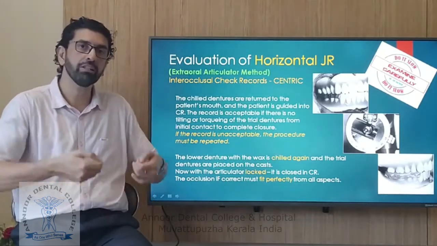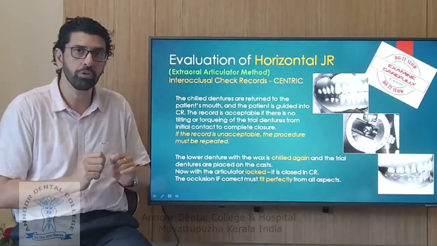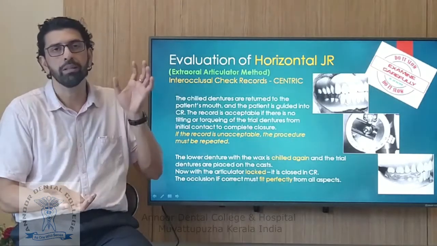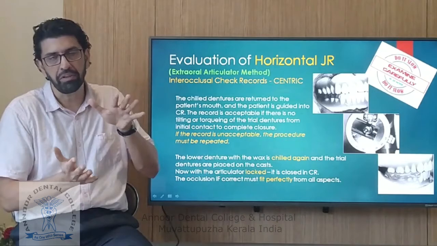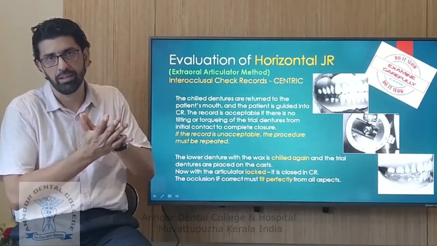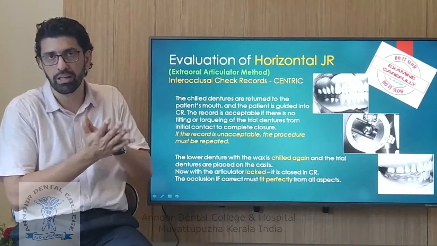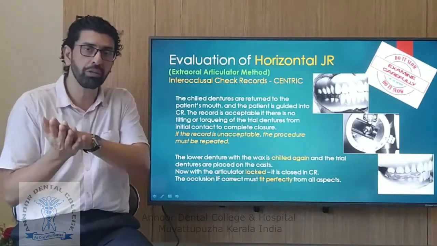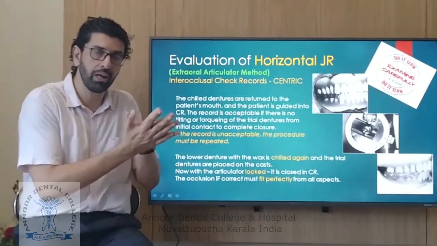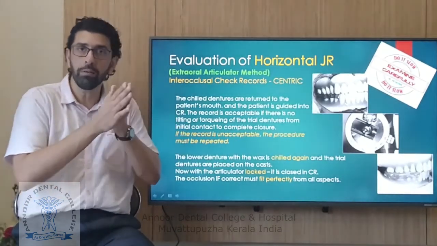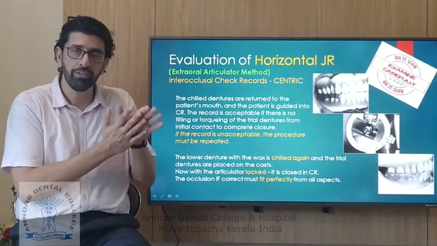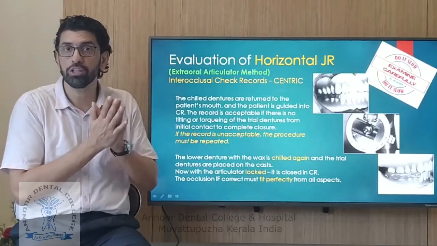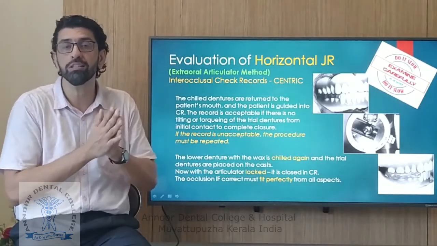Lock the articulator in the centric position, and then bring the maxilla to closure. As you come to closure, if they fit perfectly, then it shows that the relation that you have in the mouth is exactly the same as that which is in the articulator, and your jaw relation is perfect. It's verified. But if there is a difference, then you know that somewhere your jaw relation has gone wrong and your horizontal relation is wrong.